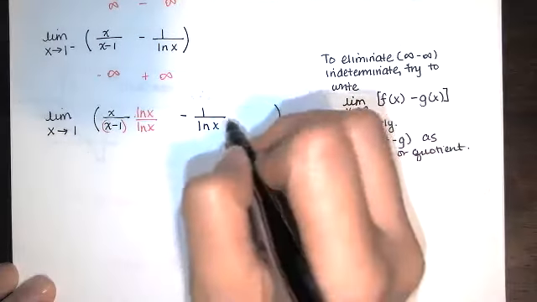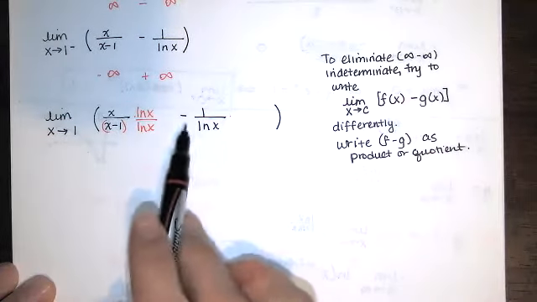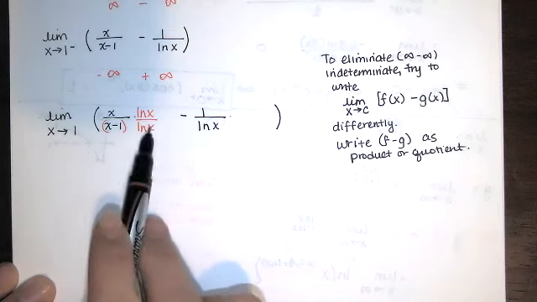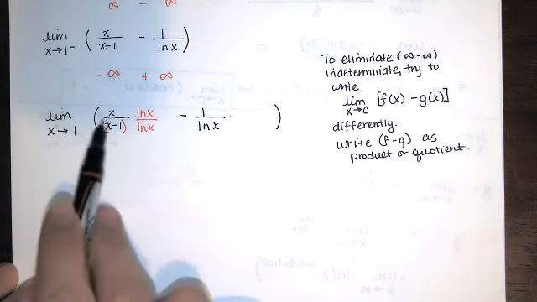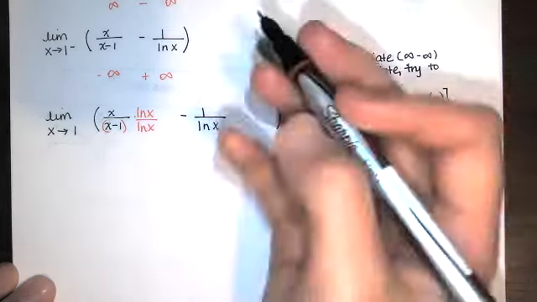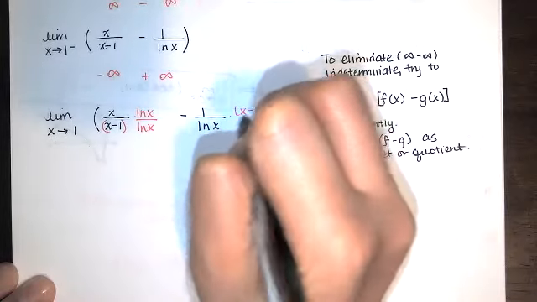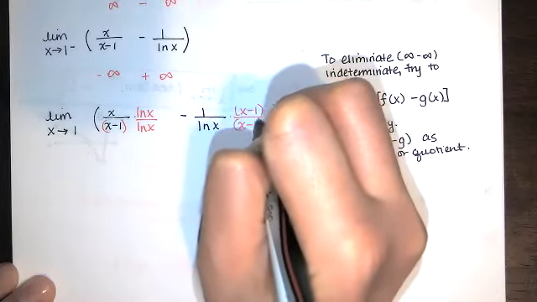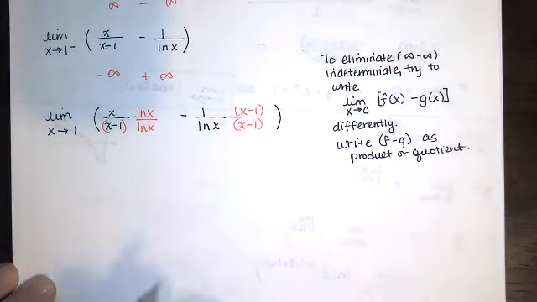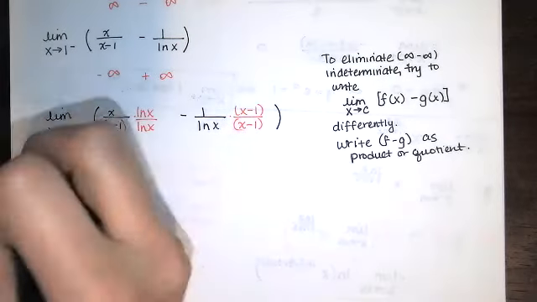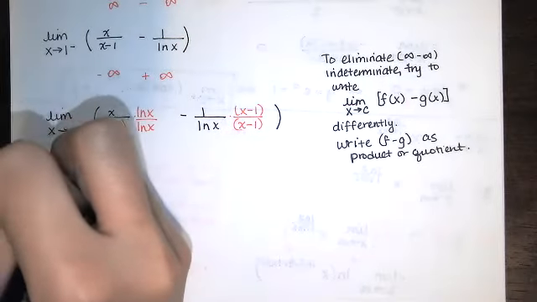So that's totally fine. Over here, in order to make this my denominator, the natural log of x is already there, but the x minus 1 is missing. So we'll multiply by that x minus 1 over itself. And so we've got that.